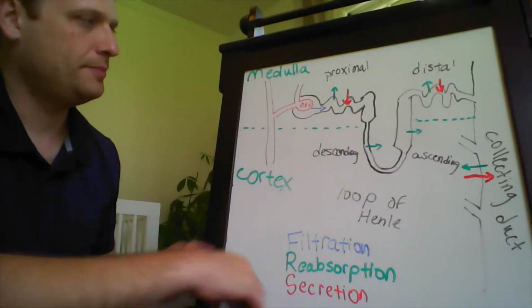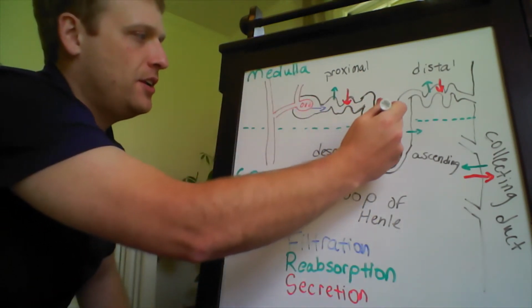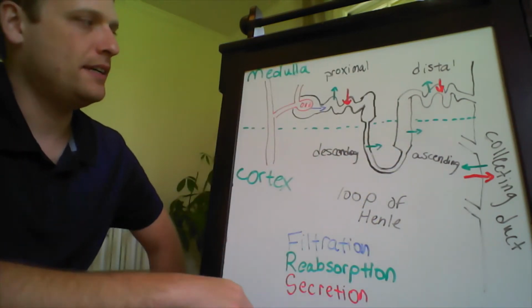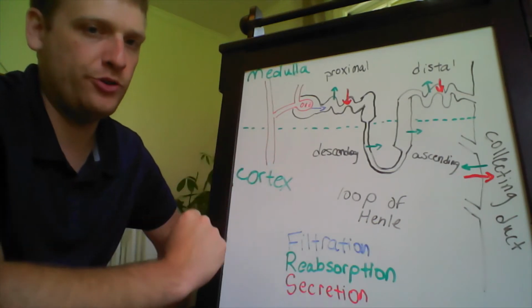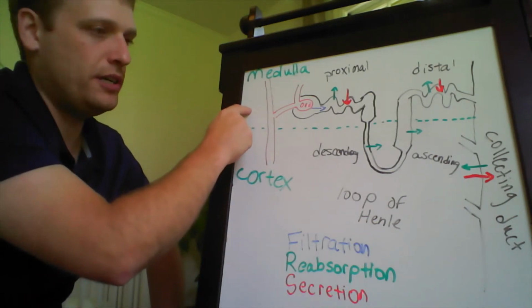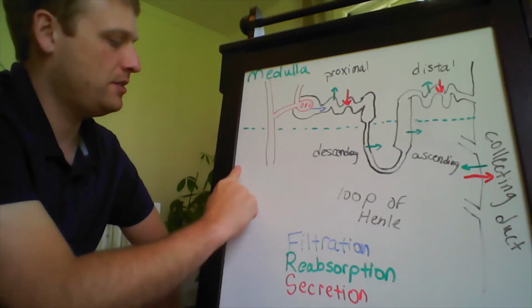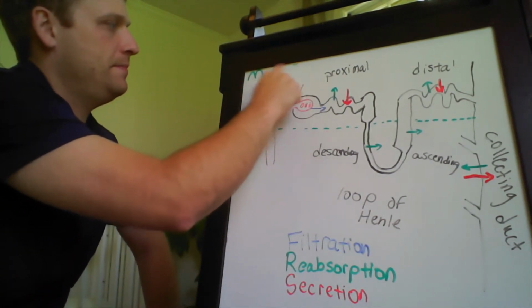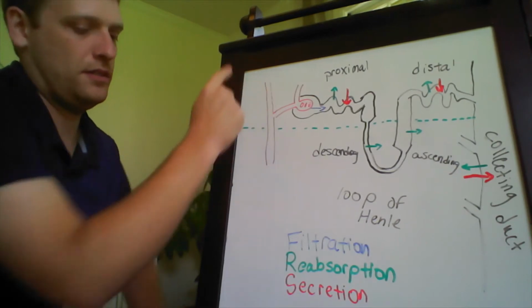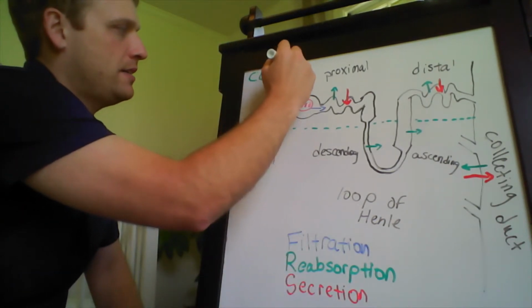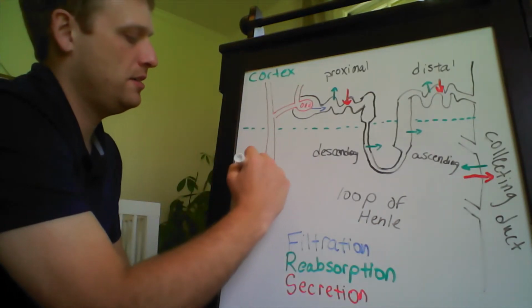So one important thing to note about the nephron is that it's going to cross the boundary between the renal cortex and medulla. I've actually got these mixed up. Sorry about that. So mix those up. This is the cortex. This is the medulla.